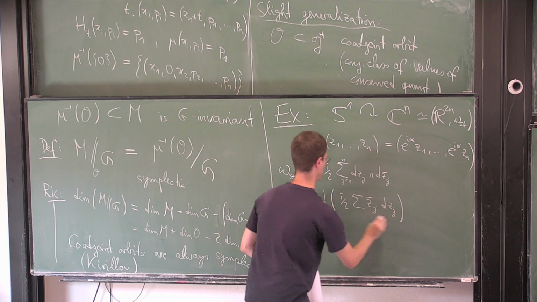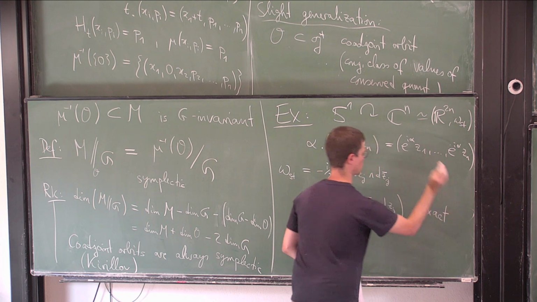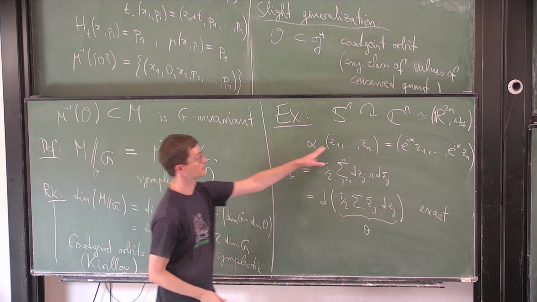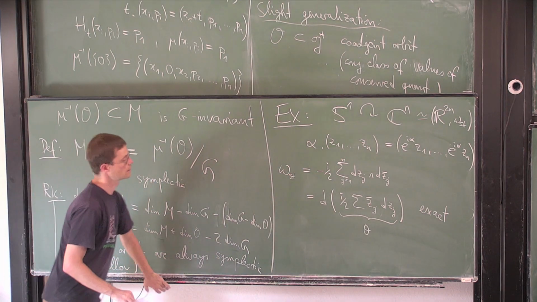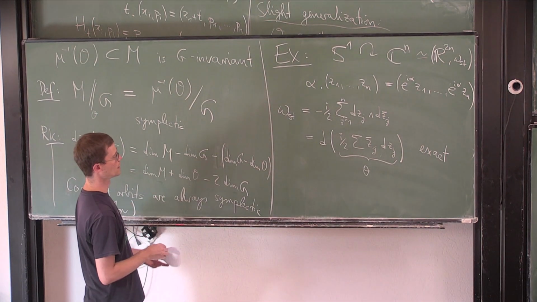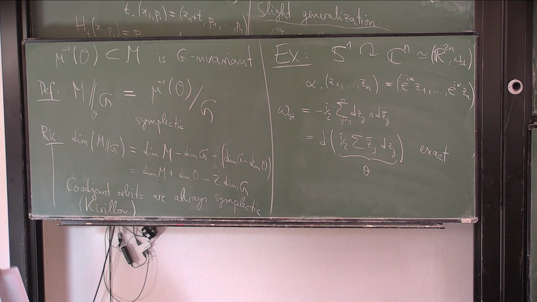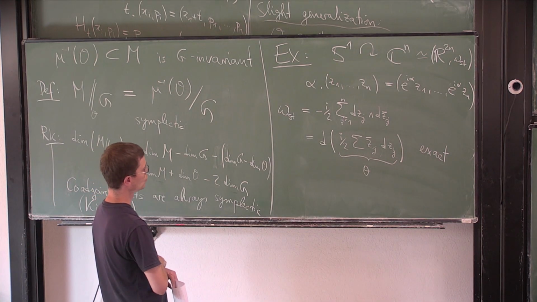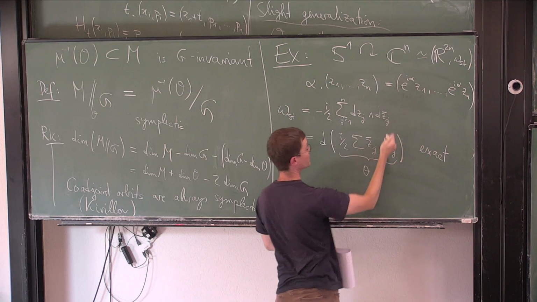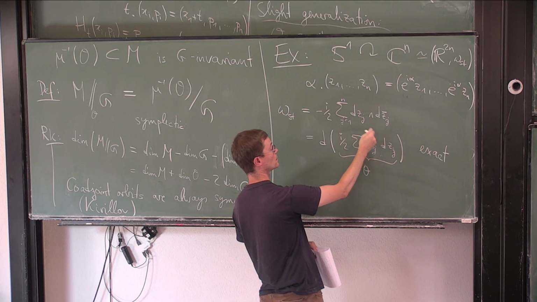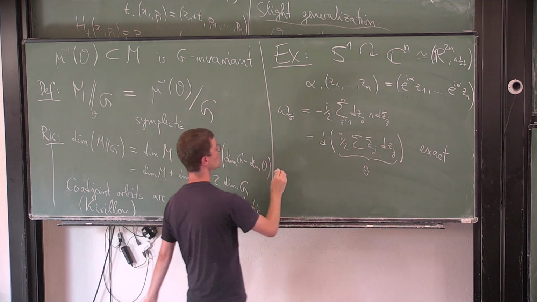So this is our theta. So it's exact. We have not even checked whether this is symplectic or anything. Let's directly check that the action is exact. If the action is exact, we know it's Hamiltonian, right? When I replace the z's by a phase, this will put out the phase, but the conjugate gives you the opposite phase, so it cancels out. So the action is exact.